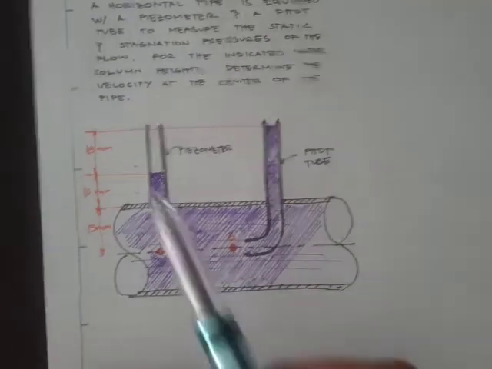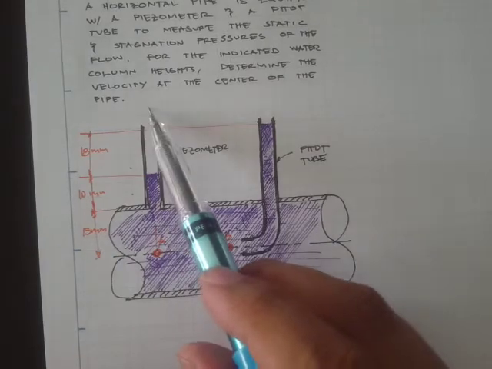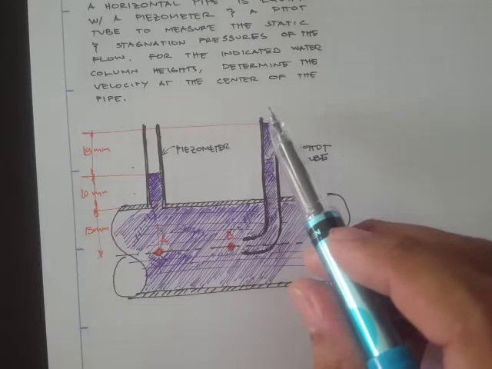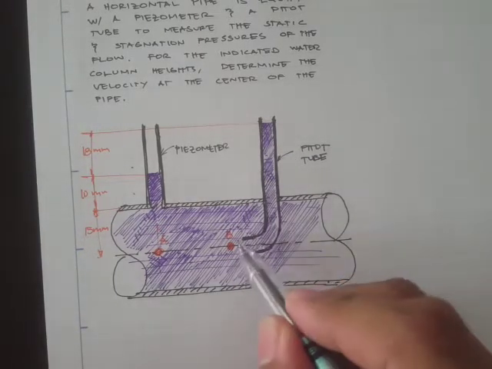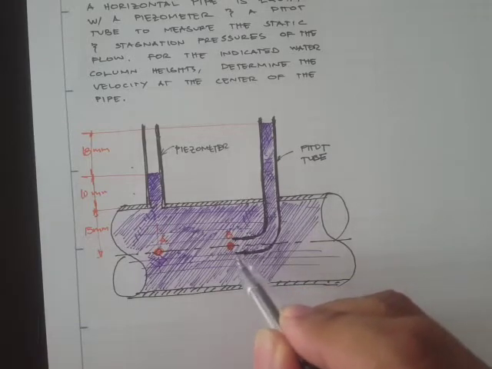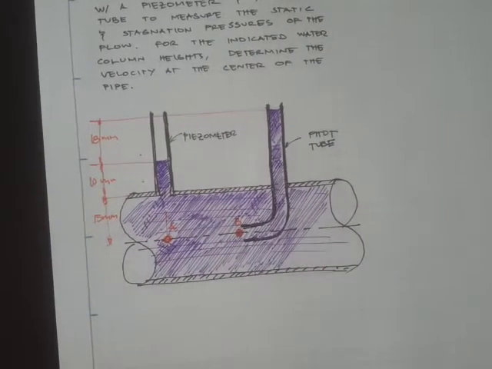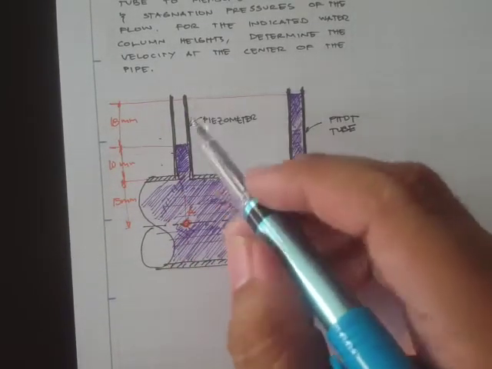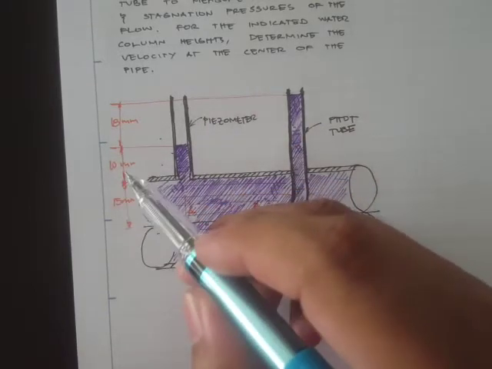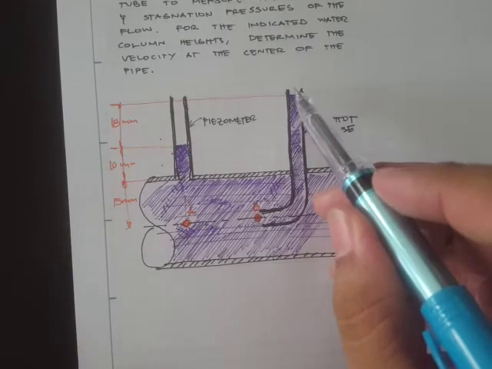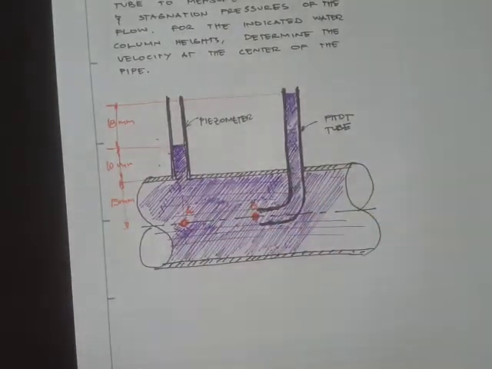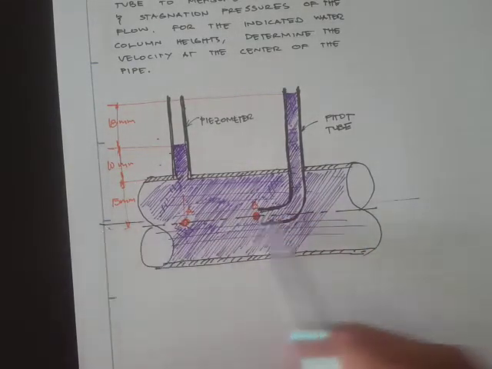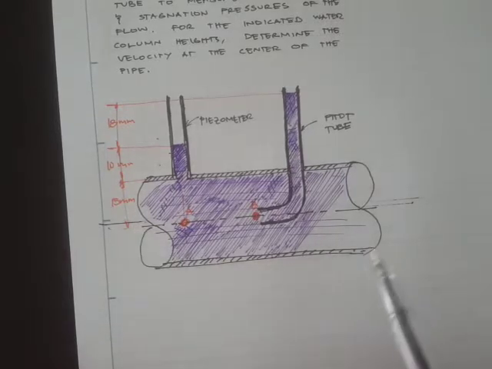So we have this piezometer attached on this side, and that's our point A, and we have our pitot tube, and this is our point B. And we have this column height: in the piezometer we have this 10 mm rise of fluid, and then here we have 18 plus 10, or plus 15 if we are referencing from the center line.